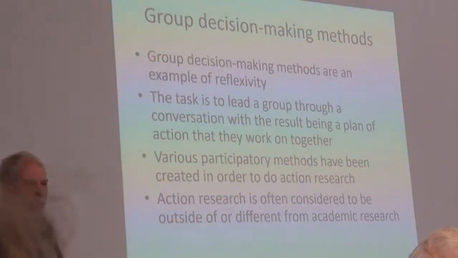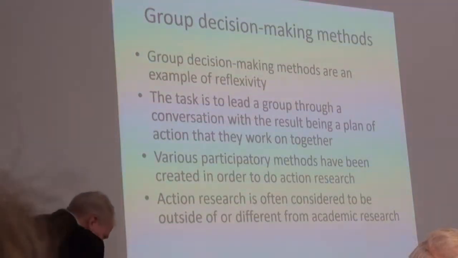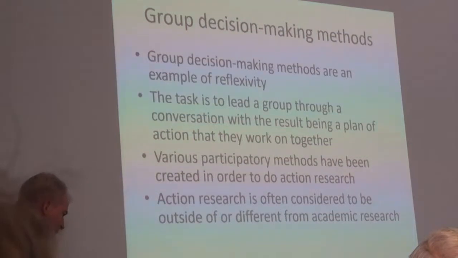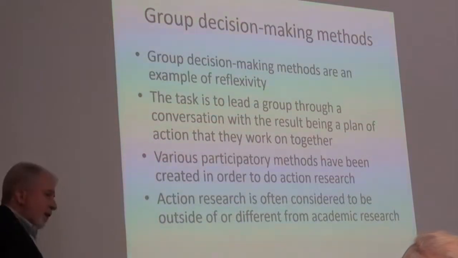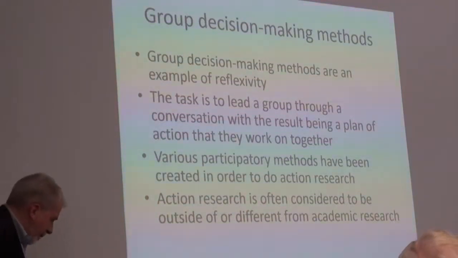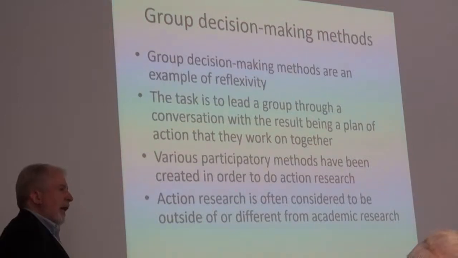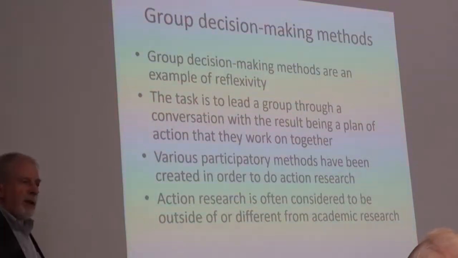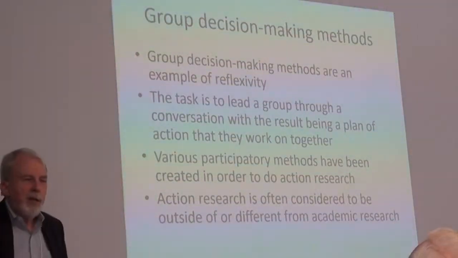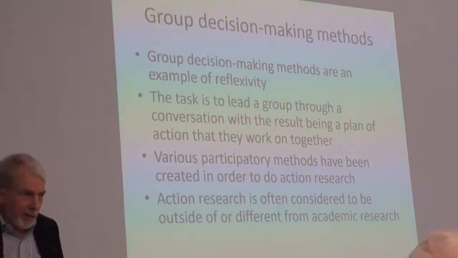I assume most of you have participated in group decision-making processes. The task is to lead a group through a conversation with the result being a plan of action that they work on together. Various participatory methods have been created in order to do this, but action research tends to be thought of as lying outside normal social science.